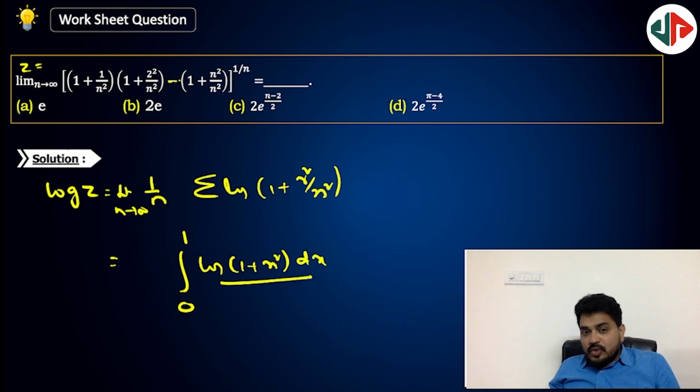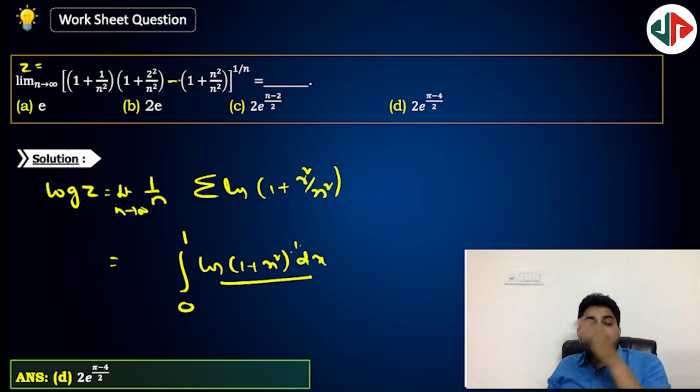The integral from 0 to 1 of log of 1 plus x square dx. How are you going to do it? You can go ahead with by parts, or you can take x is equal to tan theta also. By parts is the more preferred one, and you will be getting the answer 2 e power pi minus 4 by 2.